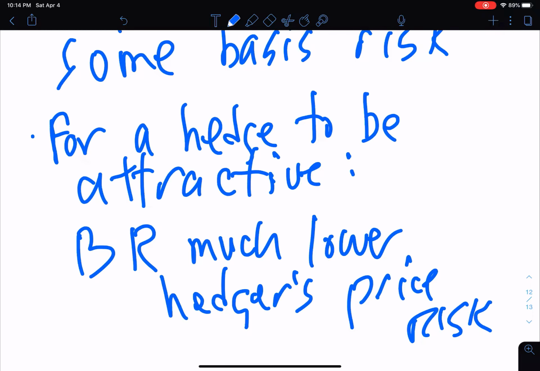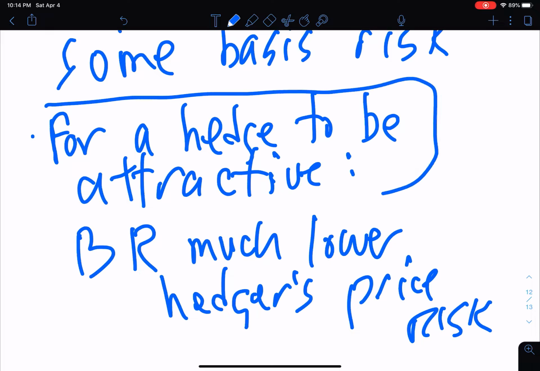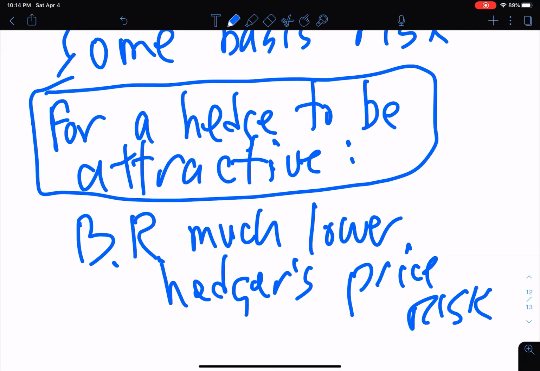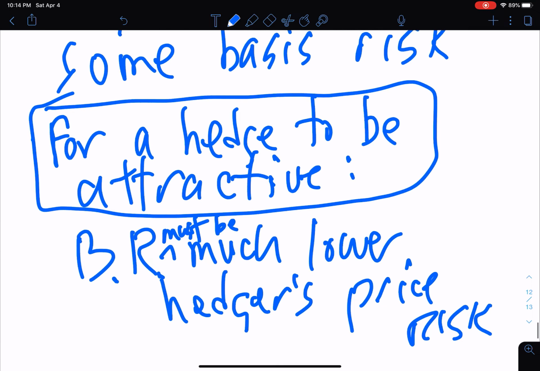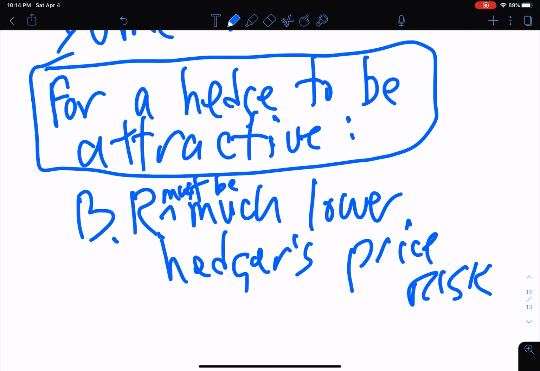Again, in order for a hedge to be attractive, to be beneficial to the hedger, basis risk must be much lower than the hedger's price risk. One more time. In order for a hedge to be attractive and potentially benefit a hedger, basis risk must be much lower than the hedger's price risk.